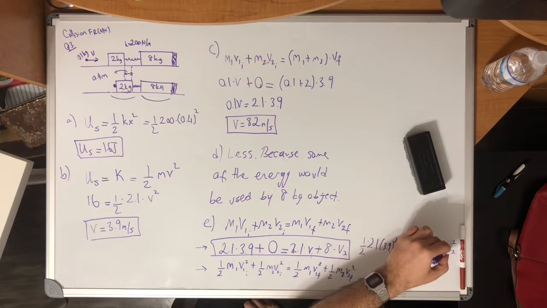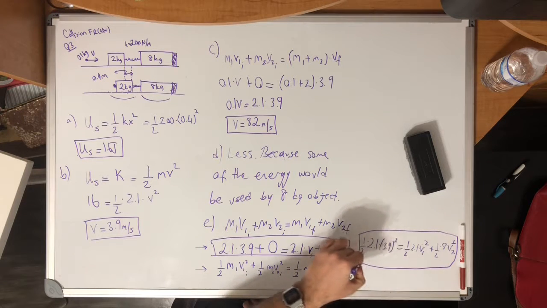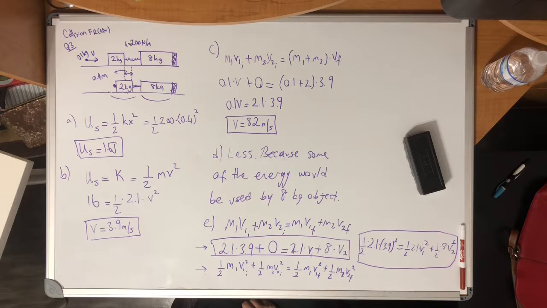So that is basically the second equation that you use to find your velocities for both of the objects. Alright, so that is the solution for question 3 on your homework.